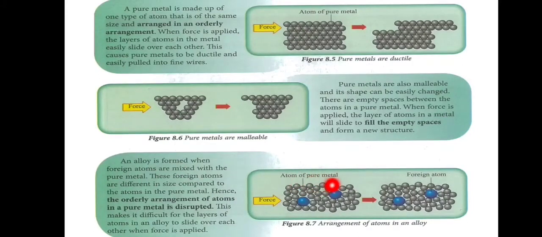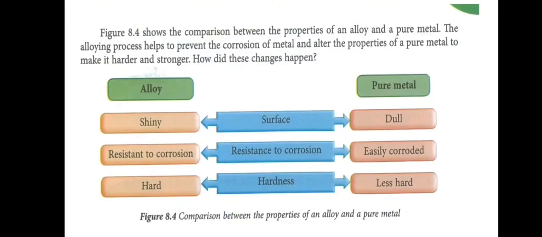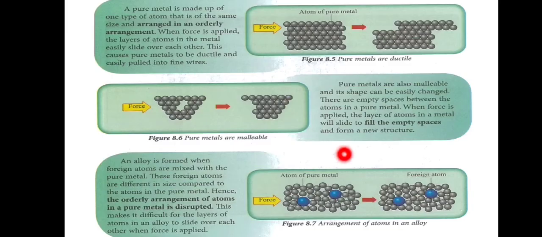Dia punya arrangement tidak lagi orderly, because dia sudah kena mix dengan foreign atom that have different size. Kalau yang biru ini, this one is another foreign atom mixed into the pure metal. So now the orderly arrangement of the atoms is disrupted. This makes it difficult for the layers of atoms in an alloy to slide over each other when force is applied. Sebab itulah alloy is harder compared to pure metal.